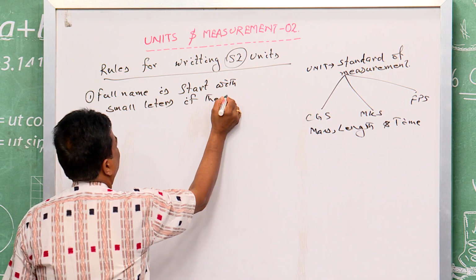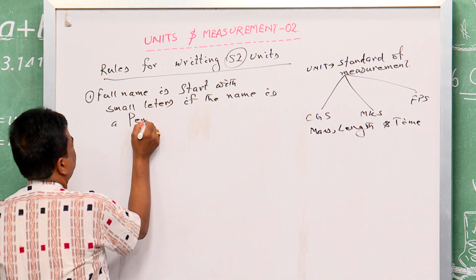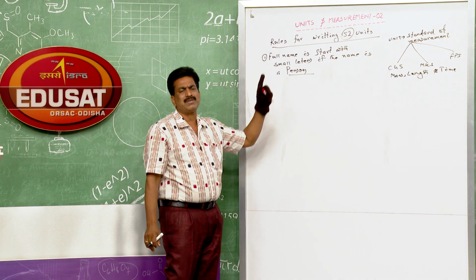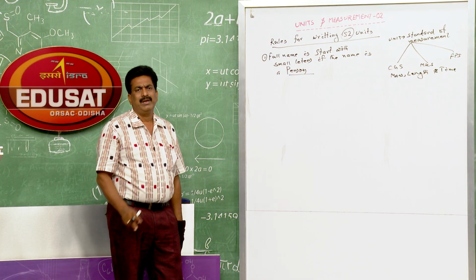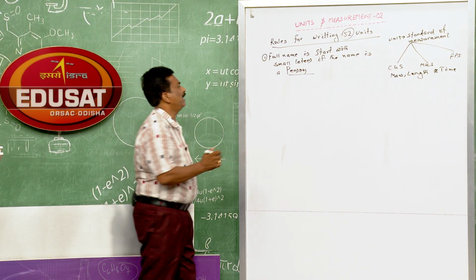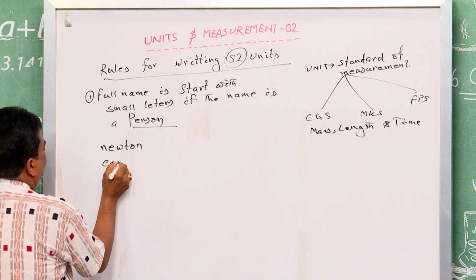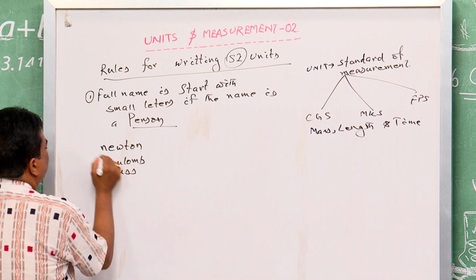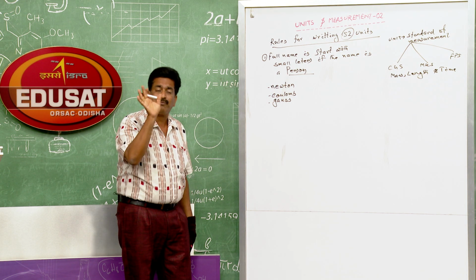If the name is a person's, then it must be with a capital letter, as we know. But for the unit, the capital letter will not be used, like newton, coulomb, gauss. These are the names of scientists. If their name is used in a unit, the full name is used.